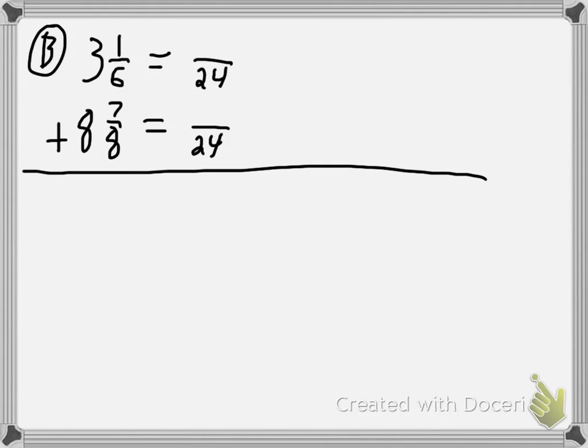I could do 6 times 8, but I know that 24 is a smaller common denominator, so that means I'll have to do less simplifying at the end. So 6 times 4 was 24, so 1 times 4 is 4, and then 8 times 3, so 7 times 3 is 21.